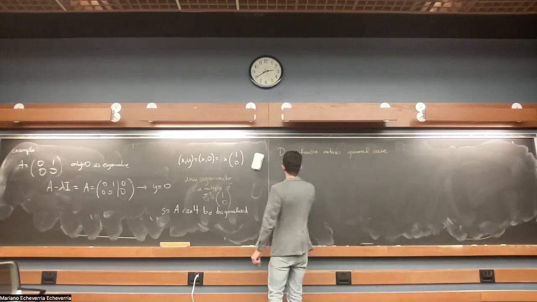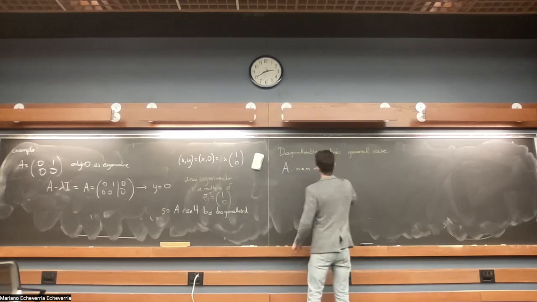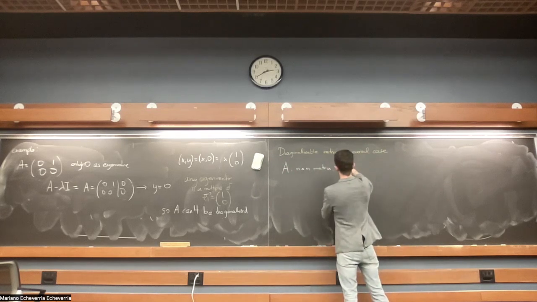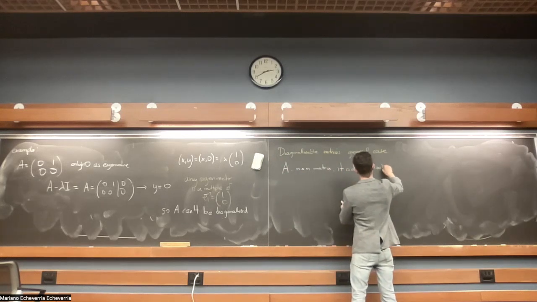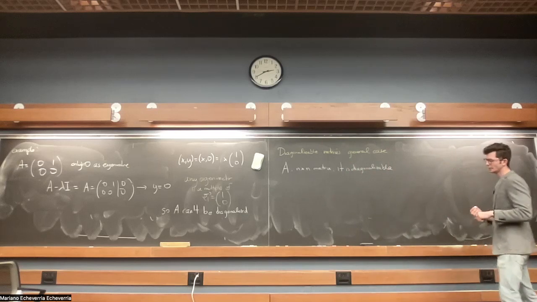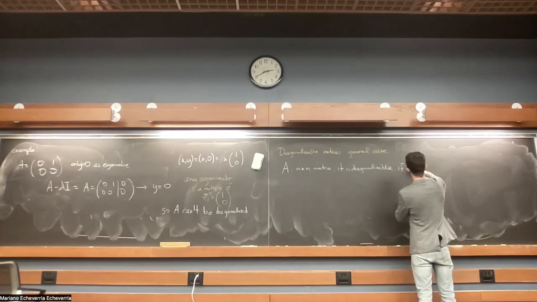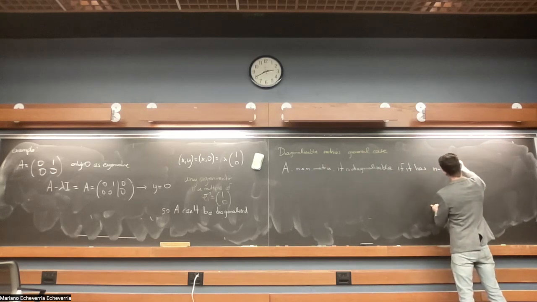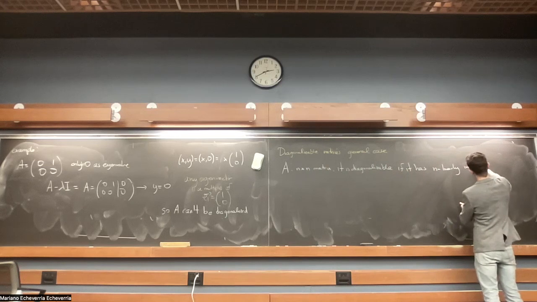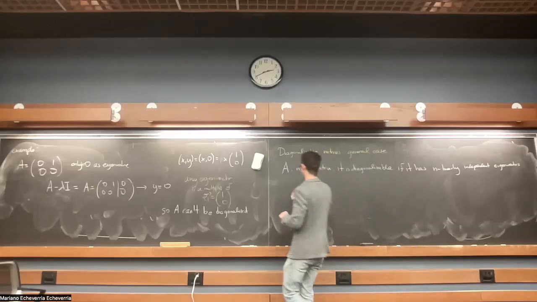A is n by n, and it is diagonalizable if it has n linearly independent eigenvectors, e1 up to en.